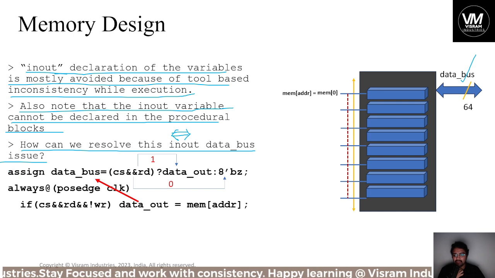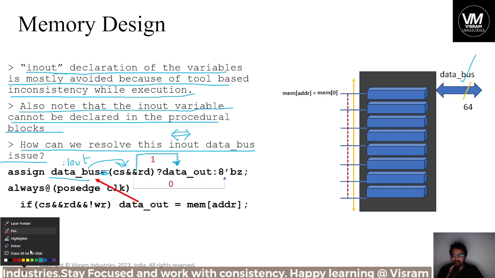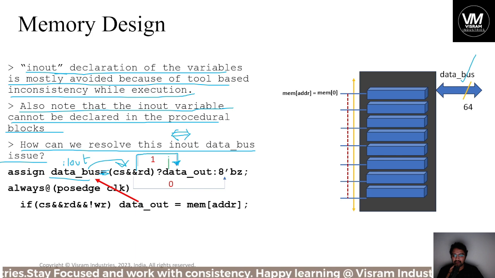We can resolve it with an assign statement: assign data bus, which is the inout, and for that, if read is equal to 1 and chip select is 1, if both are 1, that is true, considering both of them in the read process, then data out is assigned to data bus.